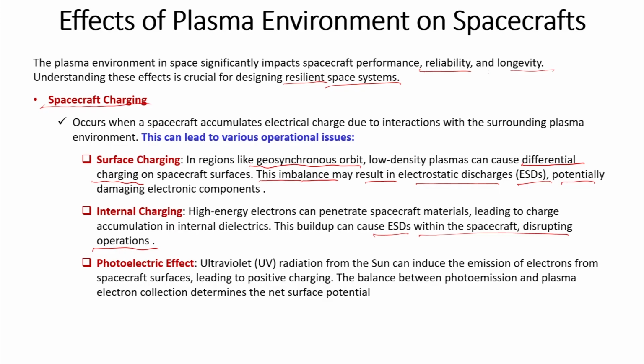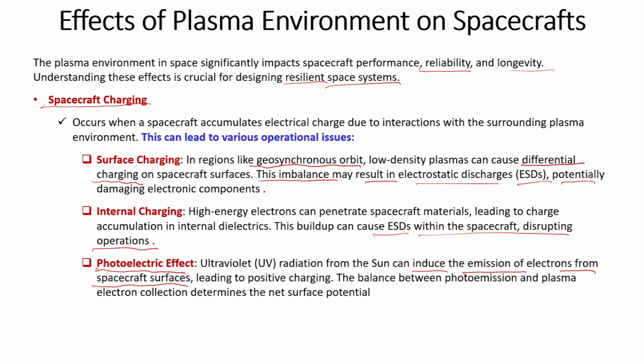Now, another effect is the photoelectric effect. When ultraviolet (UV) radiation from the sun hits the spacecraft, it can induce the emission of electrons from the surface. Again, it depends on the type of material and its work function. The UV radiation excites the surface material so that electrons go to a higher energy state and are ejected.